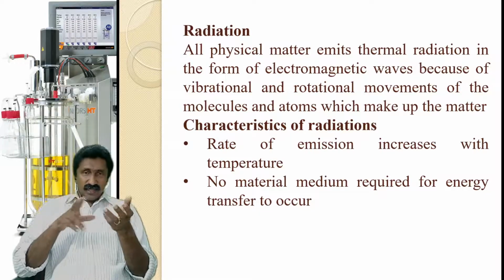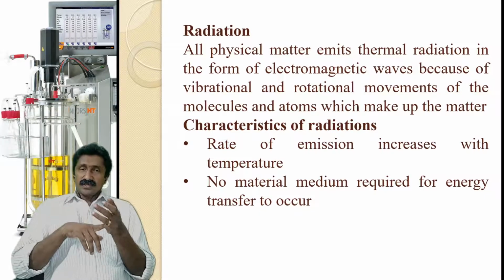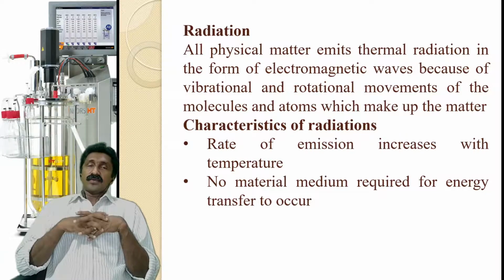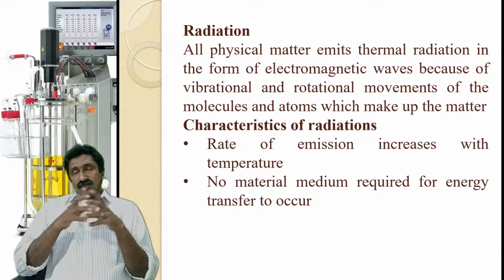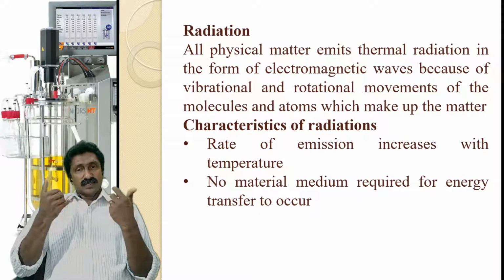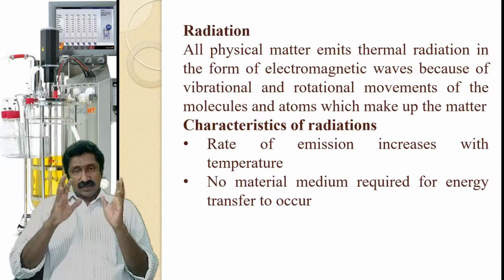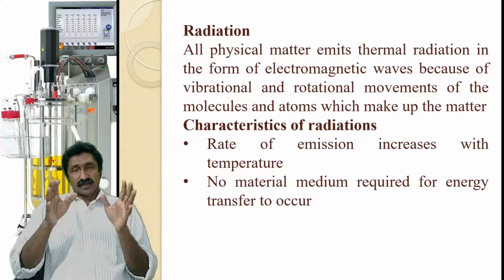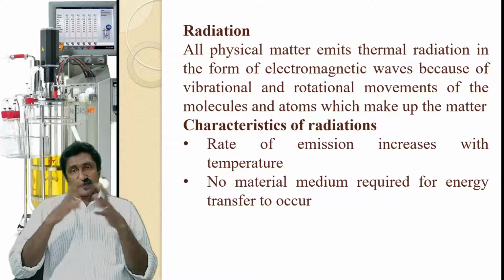There are two characteristics of radiation. The rate of emission increases with the temperature, and no material medium is required for the energy to transfer. So in the case of a furnace, which we discussed earlier, there is no material medium required for the transfer of electromagnetic waves.